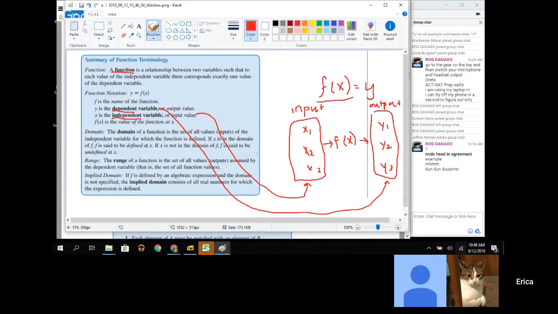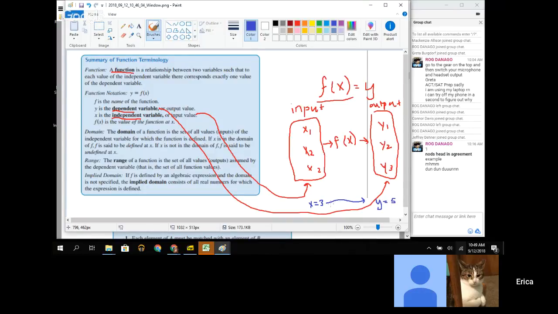The one rule with a function is that for every independent variable, there is only one dependent variable. So instead of talking in theoretical, that means if I put in x equals 3 in my function, I only get y equals 5.